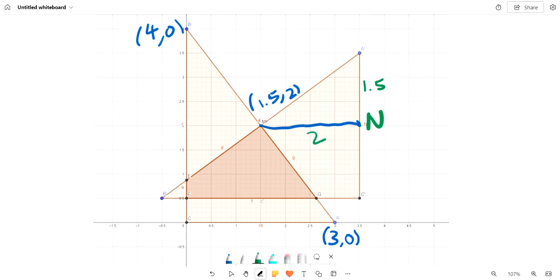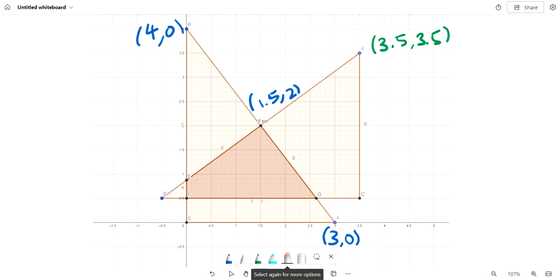And that means that A prime is just 3.5, because you just do 1.5 plus 2 and 2 plus 1.5 from the different points. And now we can erase these because they're useless to us now.